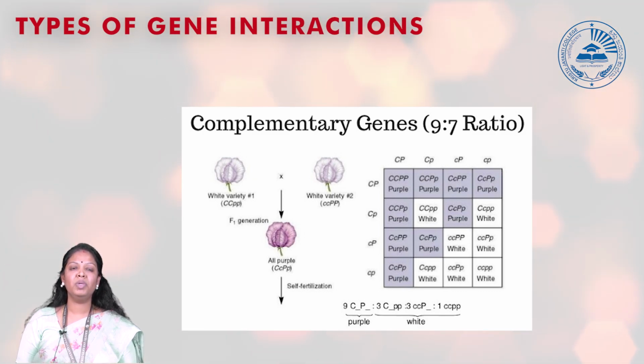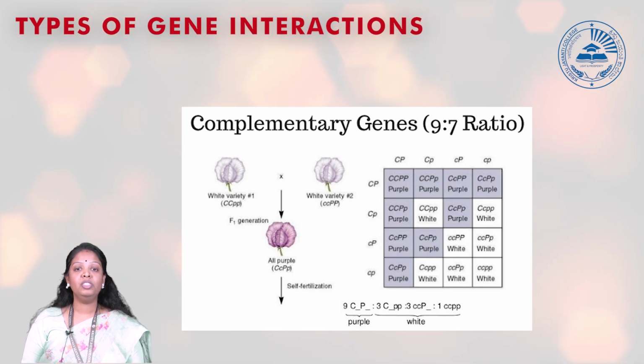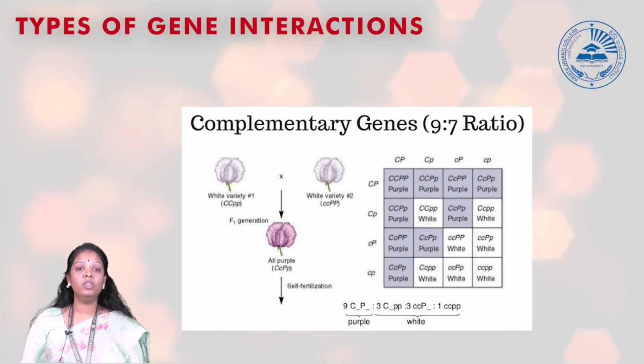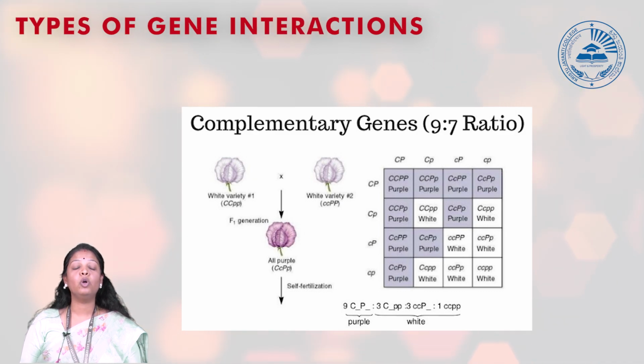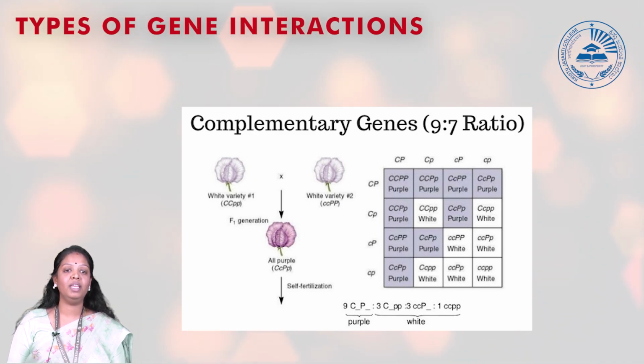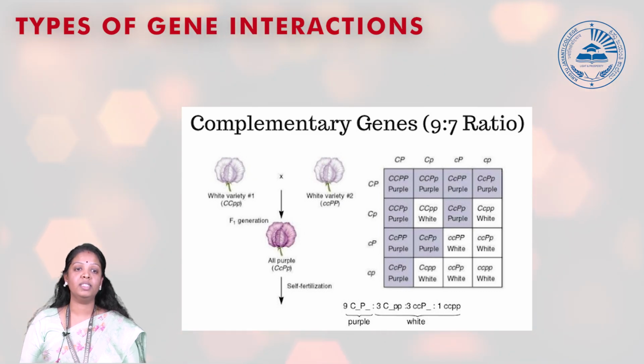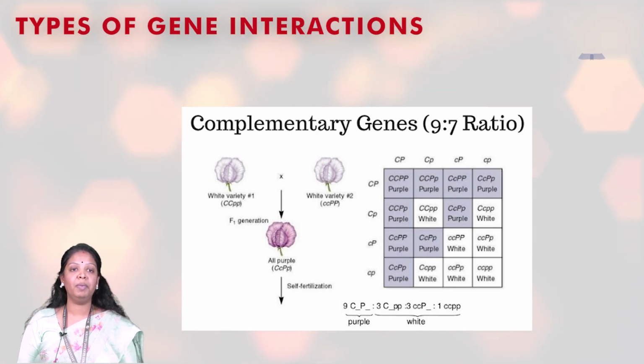In complete dominance, you can see complementary genes. Both the genes or alleles which are responsible complement each other and give you a particular phenotype which is not that of the parents. This is complementary genes.